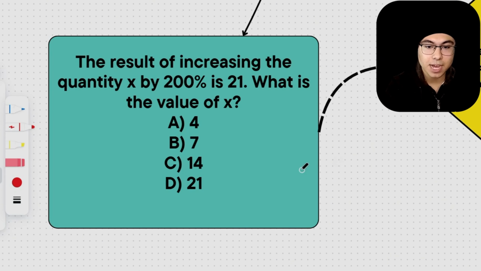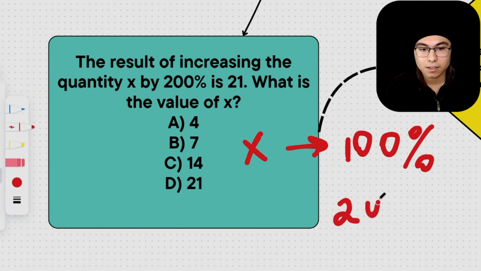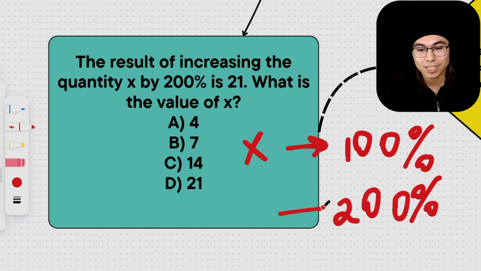In this case, we've got a quantity, which is X, and this is like 100%. And if we have to add 200% of that, that would be 2x.